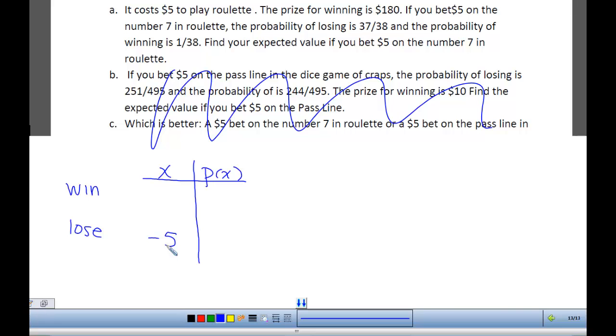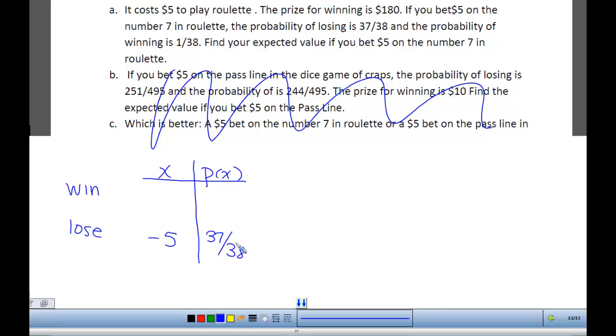We just lost $5, and the probability of that happening is 37 over 38. If we win, the value is what? 180, 175, right? 175, because we paid $5 to play the game.